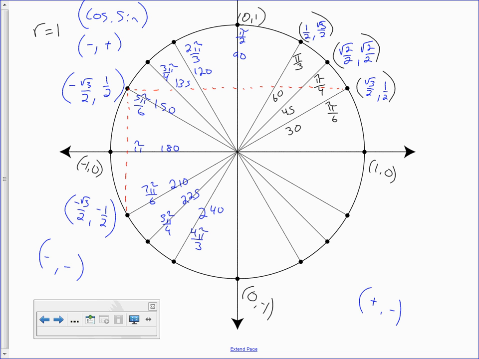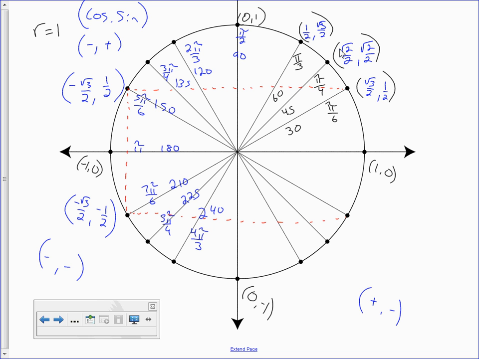Is it starting to make sense why you only really need to know 3 of these? Because everything else just mirrors itself around by making a rectangle. Go across. I go across again.